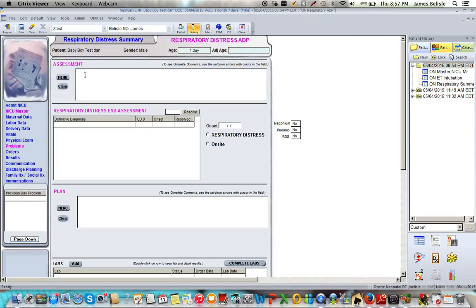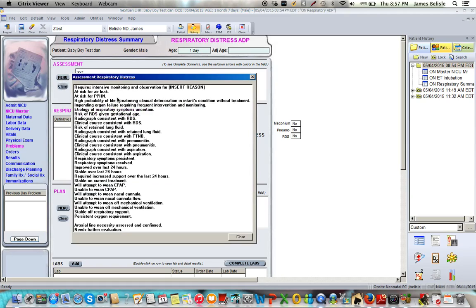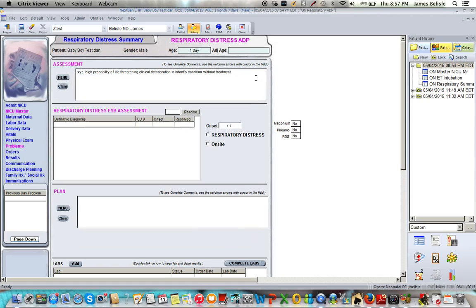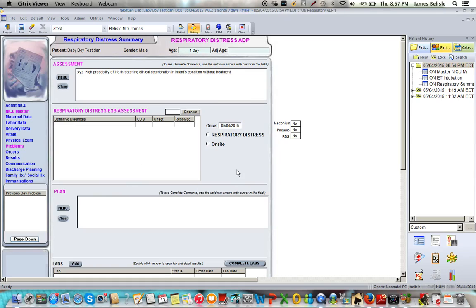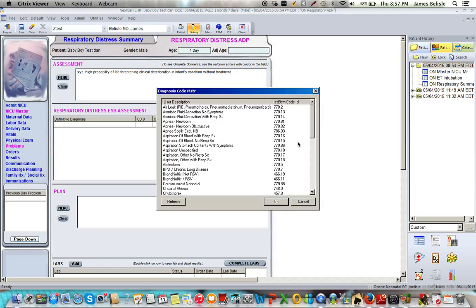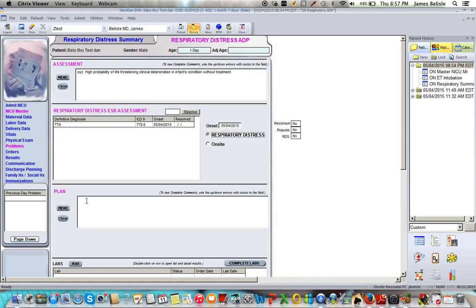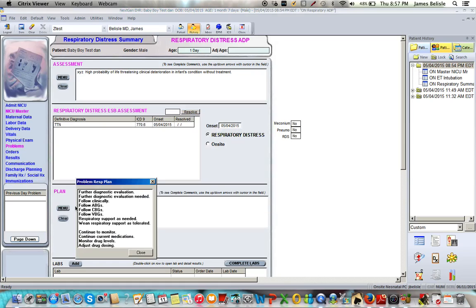You go over here, you write in XYZ, and if you're making the kid critical, which was probably this kid will be critical, you do this. Okay, and you write whatever you have to here. He started on the 4th, and he's in respiratory distress. He has TTN, and then you put in your plan, etc. Respiratory support is needed as tolerated.